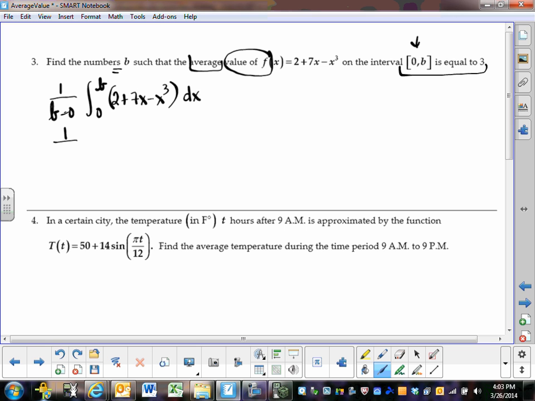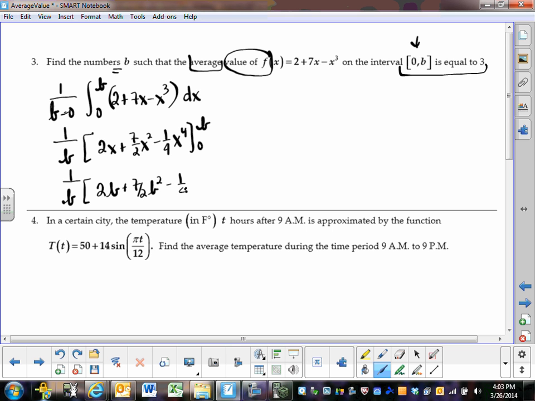So if I were to antiderive, I would have 2x plus 7/2 x squared minus 1/4 x to the 4th from 0 to b. So if I substitute in, I have 1 over b, 2b plus 7/2 b squared minus 1/4 b to the 4th minus 0 in this case. And this all has to equal 3, because our goal was to have the average value equal to 3.